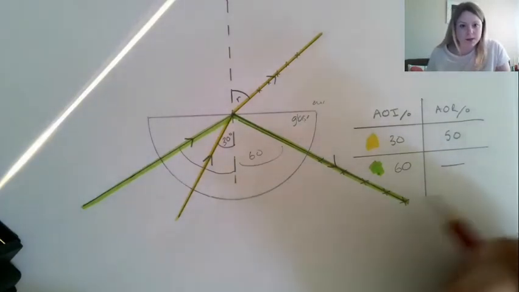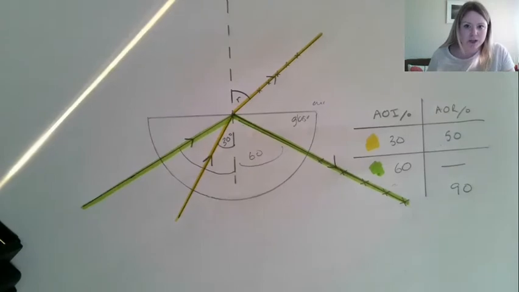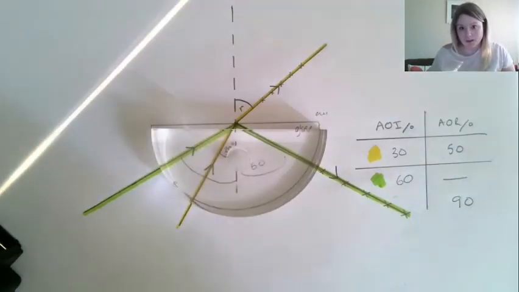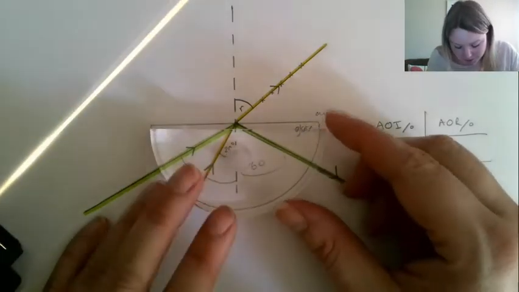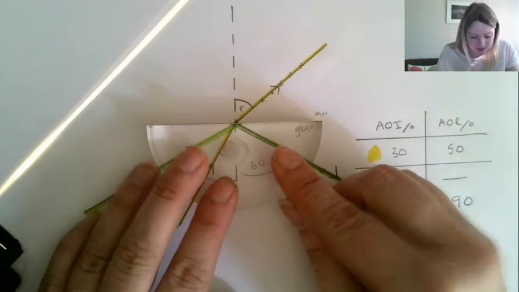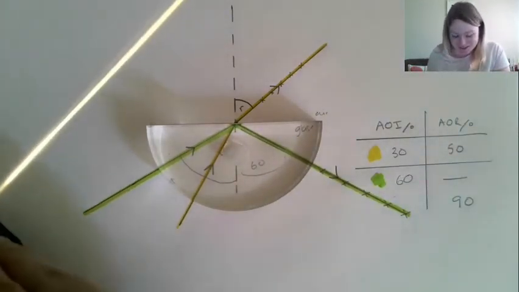So now what we're going to do, we're almost going to be working backwards. We're looking to see what does my angle of incidence have to be that gives me an angle of refraction of 90. Now, getting this angle of refraction of 90 can be tricky, okay? You'll see what I mean, hopefully, because the light, well, I'll start over again there.